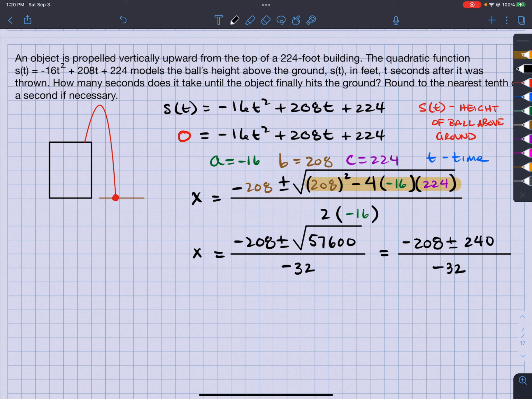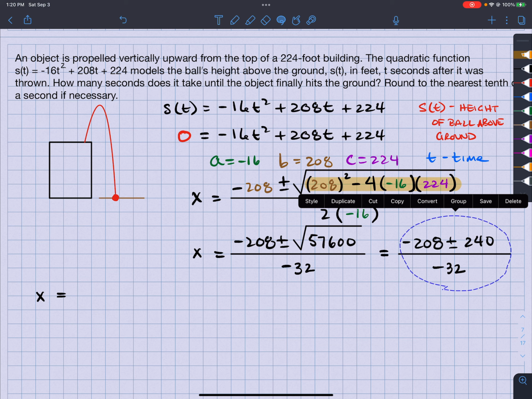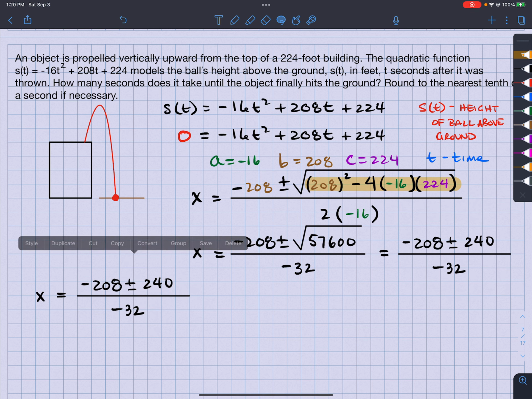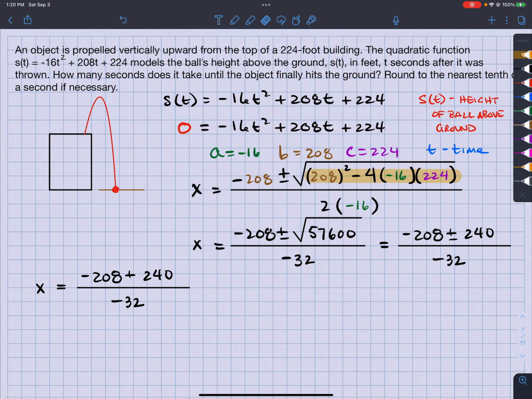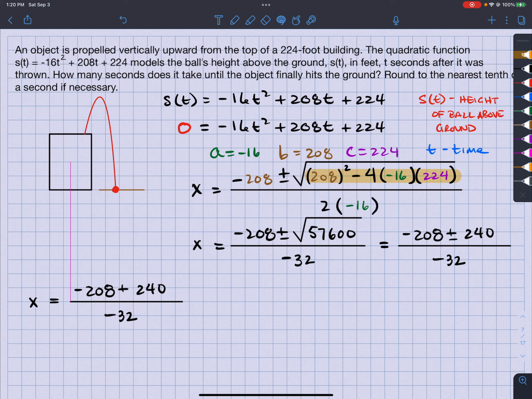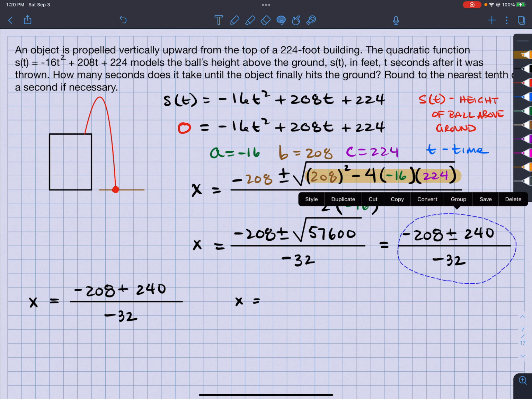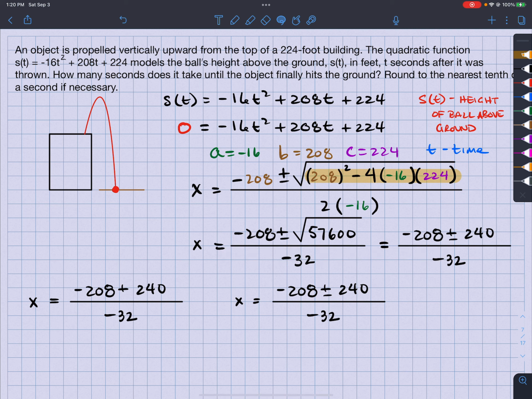So this gives me two answers, right? So the first answer is the addition, and the other answer, so I should probably bring this down a little bit so I don't run into the rest of the numbers here. And then the other is going to be the subtraction.